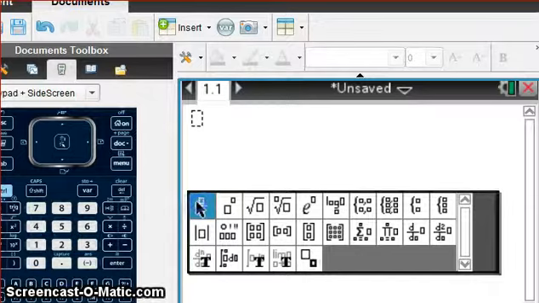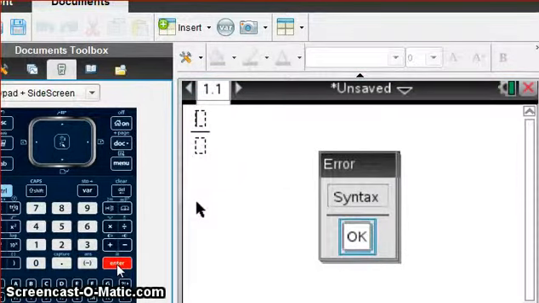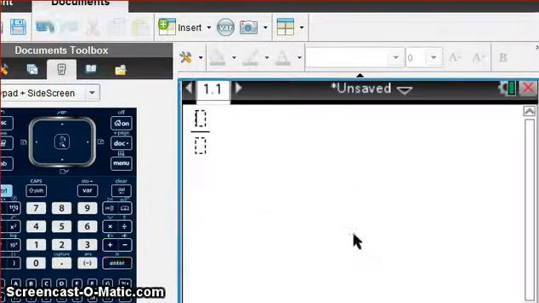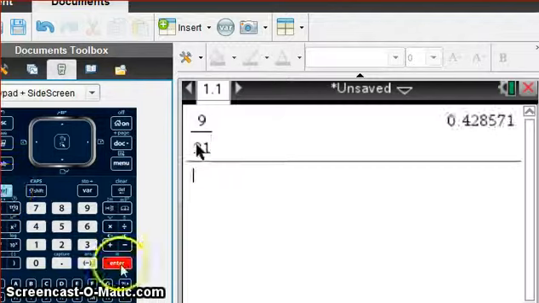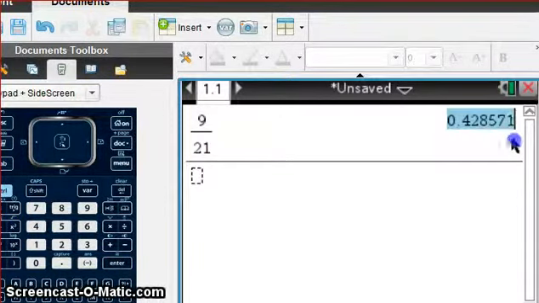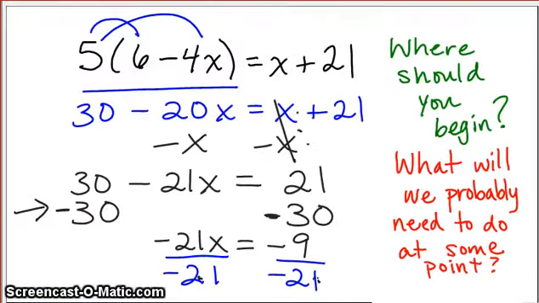Enter. All right, so 9 over 21. Let me go ahead and hit Control and Enter. And we get 0.428571. Let's do 2 decimal places, so 0.43. So I have x equals 0.43. That would be my decimal answer.